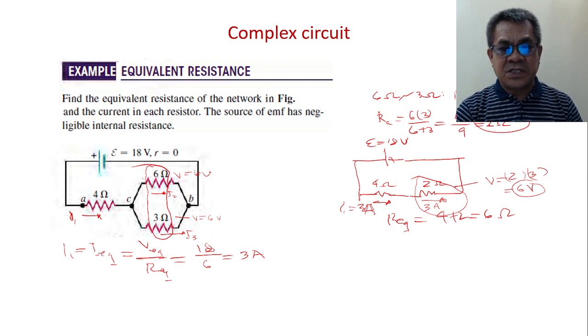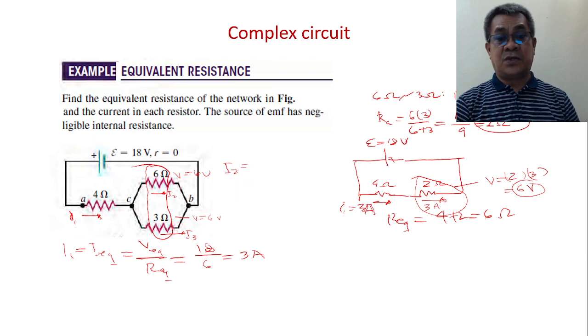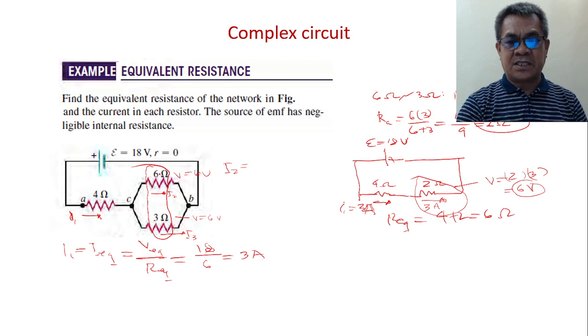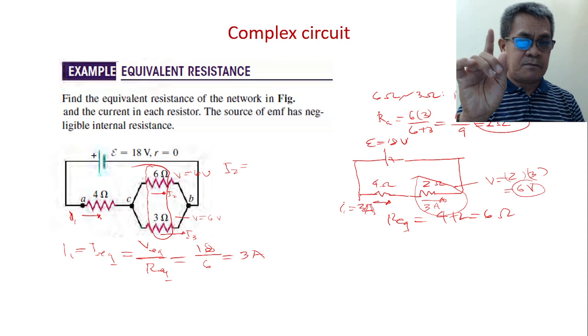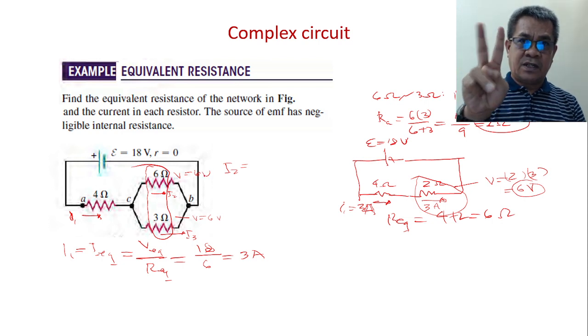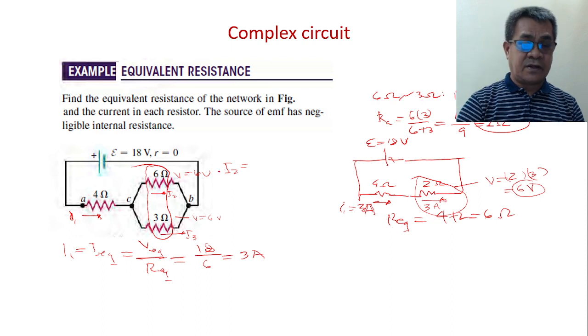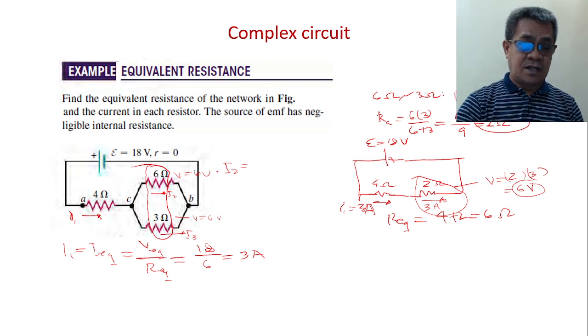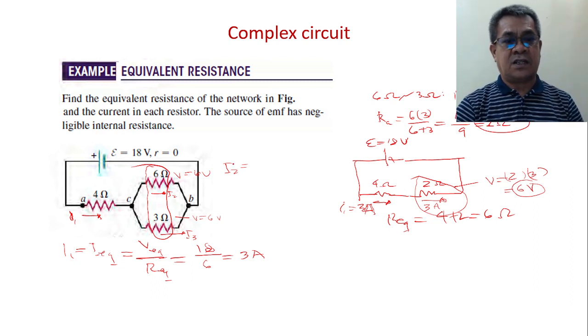Now, the question of what is I2 is easily solved using Ohm's law, because we already have the resistance and we have the voltage. Remember this: if there are 2 givens, then Ohm's law is very effective, because the other one can be calculated.